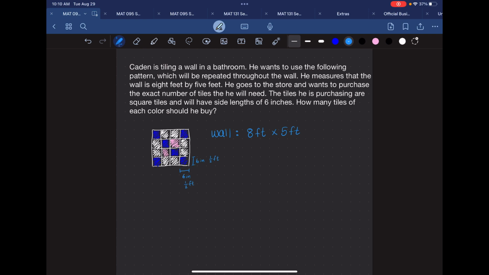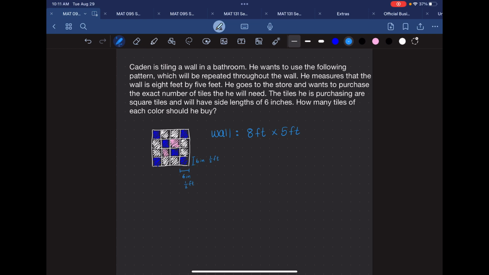Okay, so the first thing that I would do is figure out how many tiles does he need? Like, how many tiles in total? And then I'll worry about how I'm divvying that up based on color. To figure out how many tiles he needs, I need to figure out how many tiles I need to cover the entire wall, right?